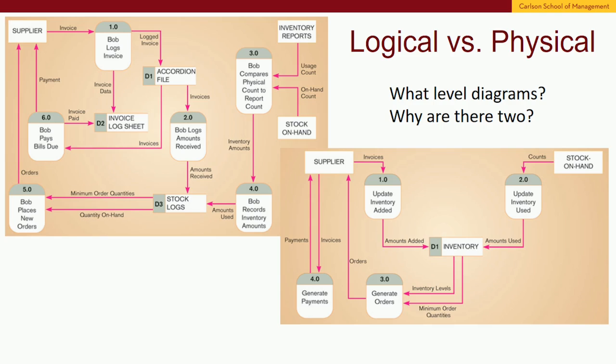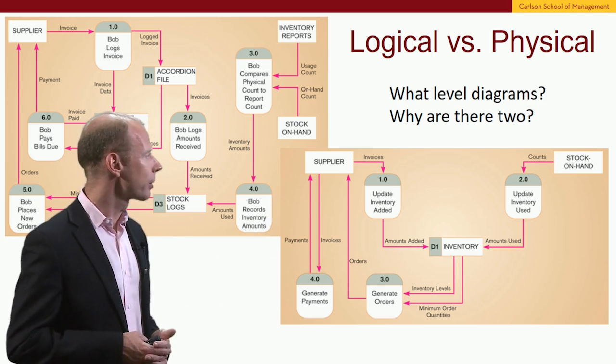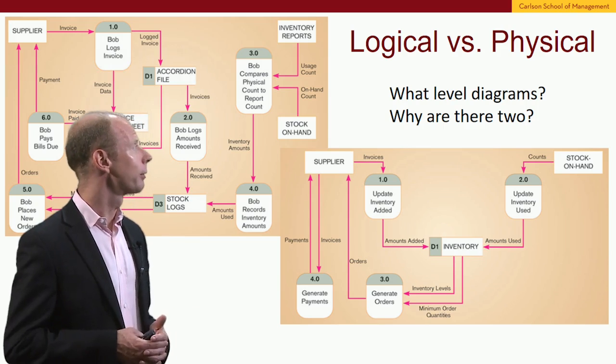This focuses on the what, but not the how. A physical data flow diagram, on the other hand, adds in detail as to how particular tasks are performed or how data is stored. So what you see here is an example of a physical and a logical data flow diagram approximating the same process. What you have on the right side of the screen is a logical data flow diagram.